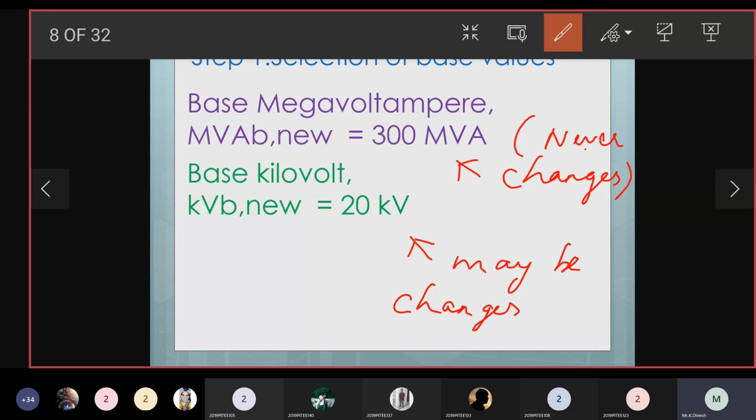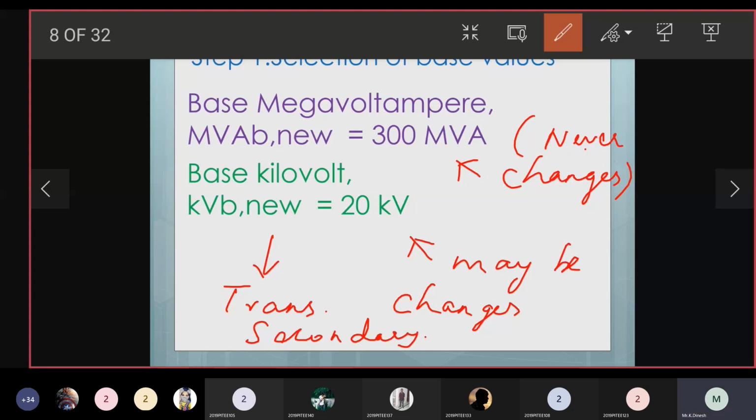When does it change? When you have the transformer secondary, the KVB new value changes. So step number 1, I extracted from your question itself. We have to choose generator values as base values. So the generator power rating gives MVAB new 300 and KVB 20.